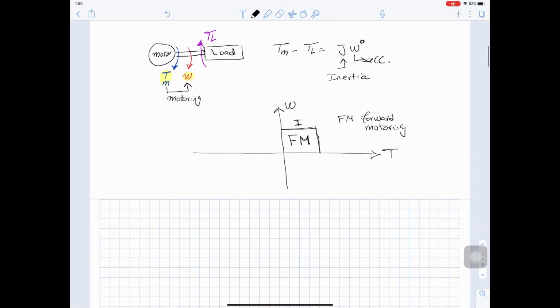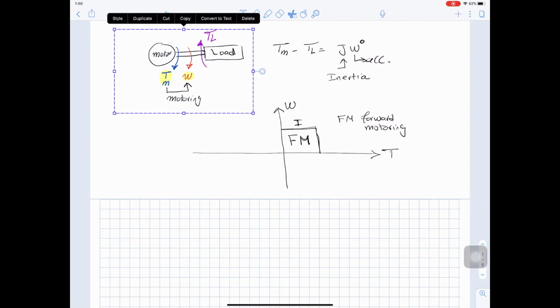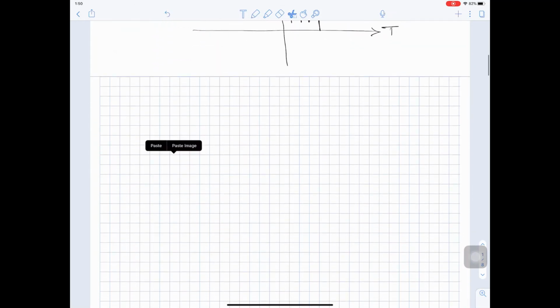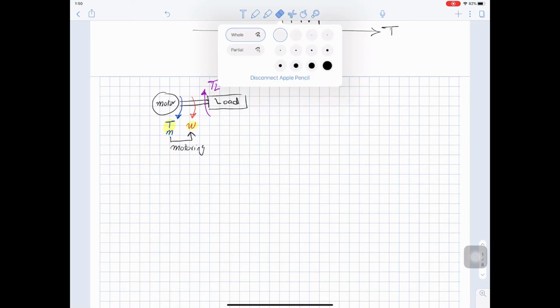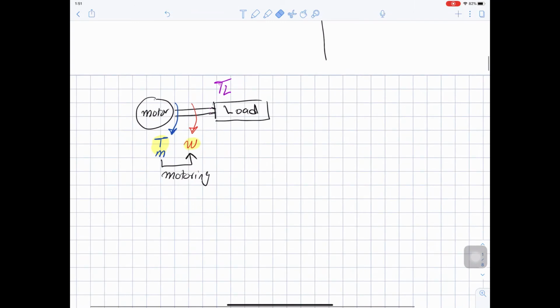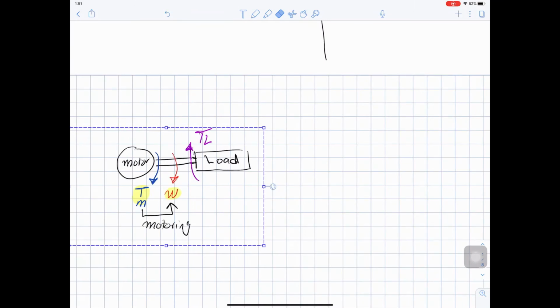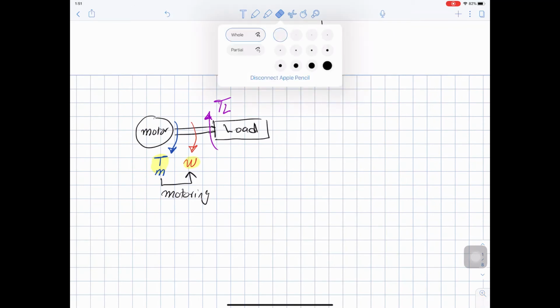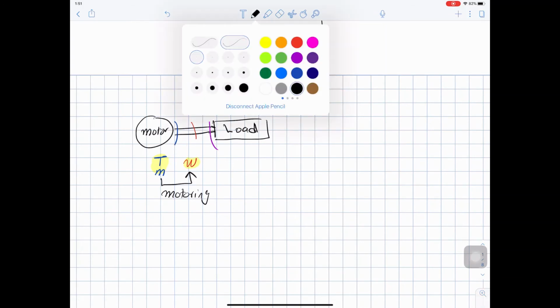Or we can take the same exact layout, but we can reverse all of them. So we can remove this, and we can remove this and this, and we can reverse all of them, okay?